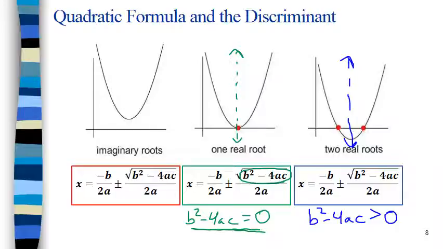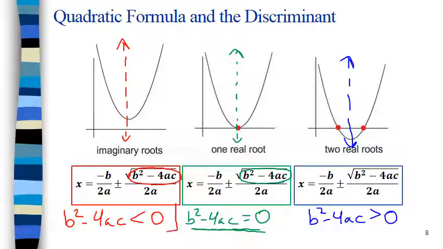When we have no real roots, we have our axis of symmetry, and then we're adding and subtracting imaginary numbers, which means the value under the square root has to be negative. And so we can use this concept of b squared minus 4ac and determine its sign to determine how many roots we have. So when b squared minus 4ac is less than 0, so that means it's negative, you get 2 imaginary roots.